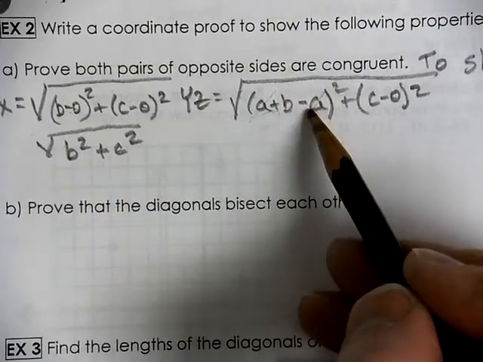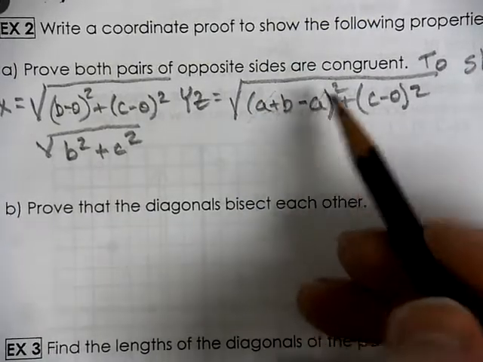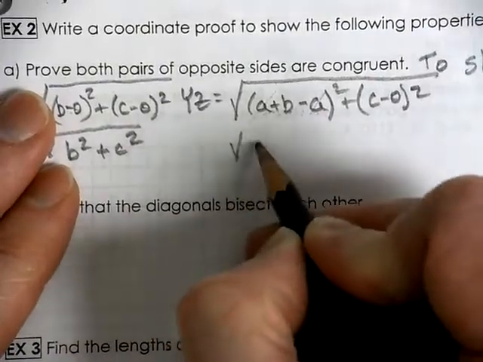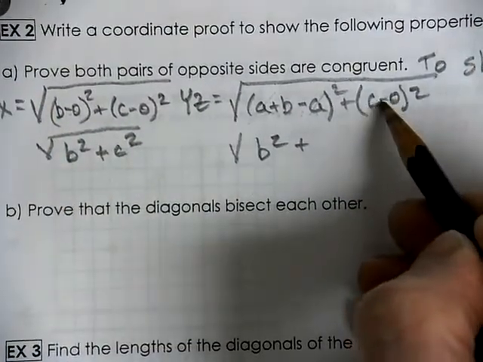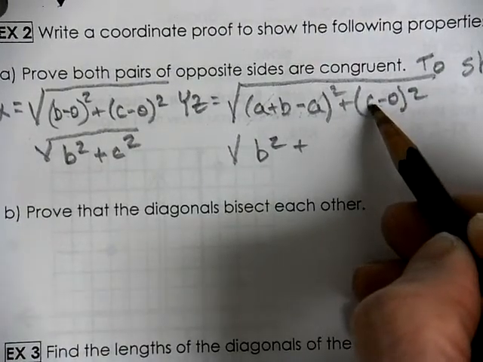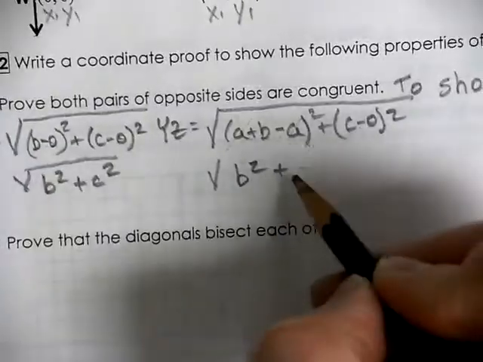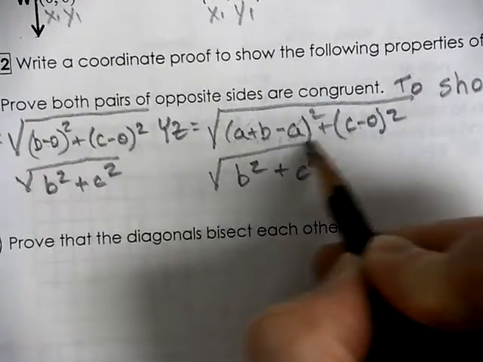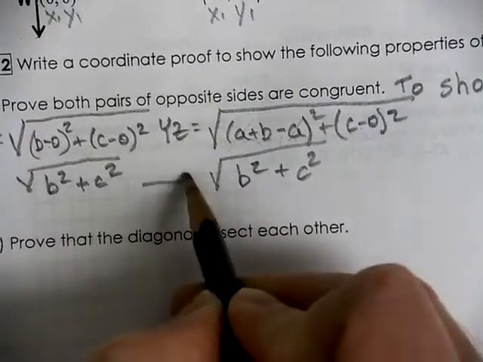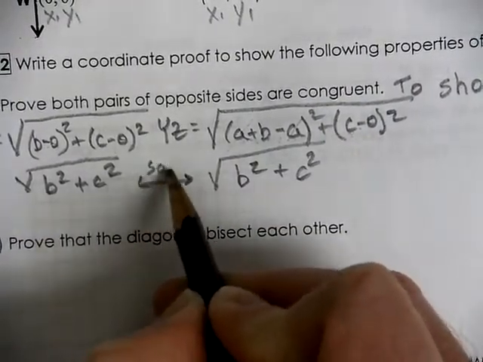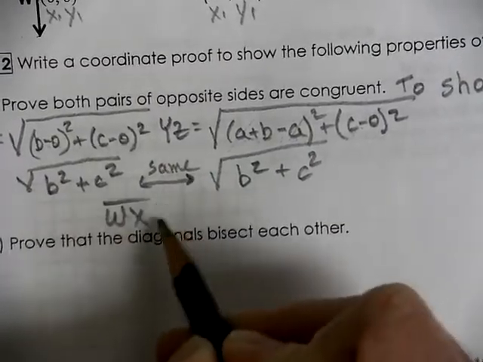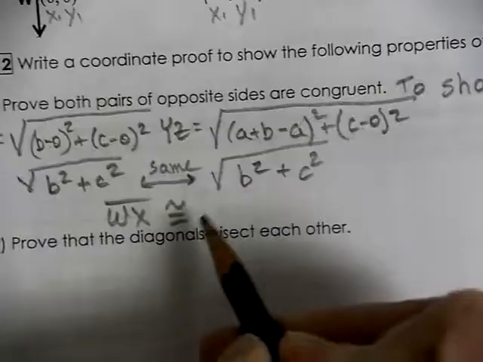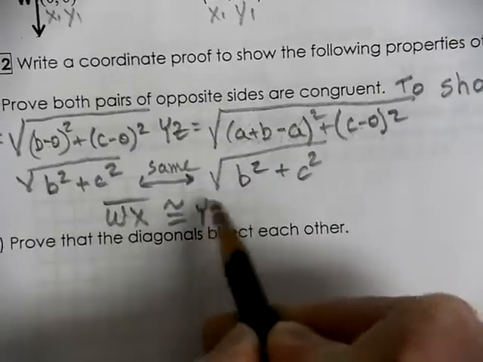That means the a's cross off and you're left with just b. This is just b squared. And this is c minus nothing. So that's just c squared. Notice how these are exactly the same. So I know that WX is congruent to YZ.